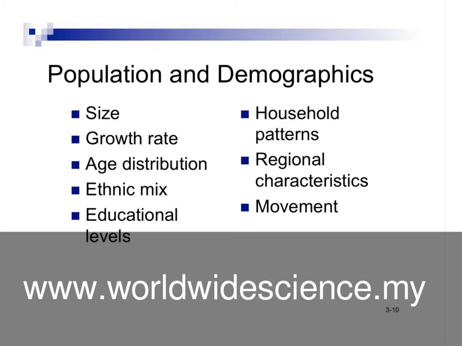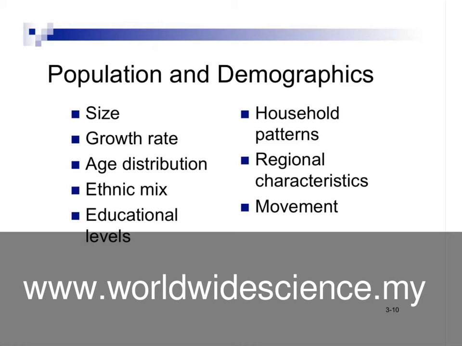If they're more educated, they have different types of preferences, and you need to try to make them aware of what the benefits are for your product and to become more into an eco-friendly kind of concept. So all these are very important. And the household patterns, like how many people live in a house, 2, 4, 6, 10, all those kinds of things.